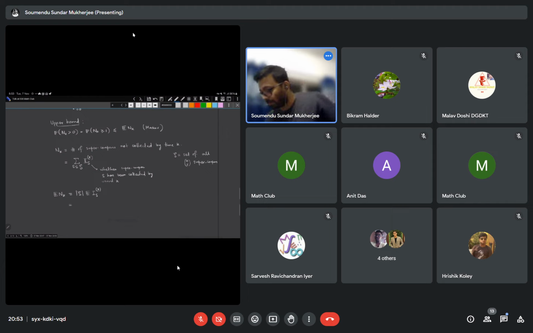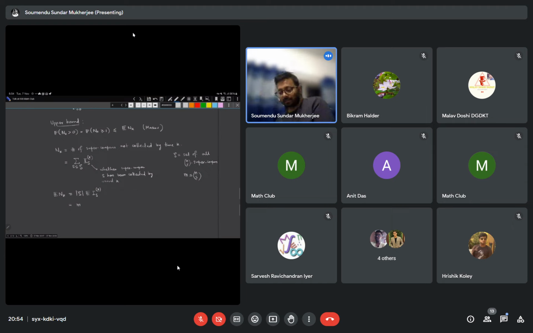For brevity, I will write M to be n choose s, and this is M times the probability. So let us compute this. Basically, you want to see whether you have collected this particular super coupon S by round k or not.